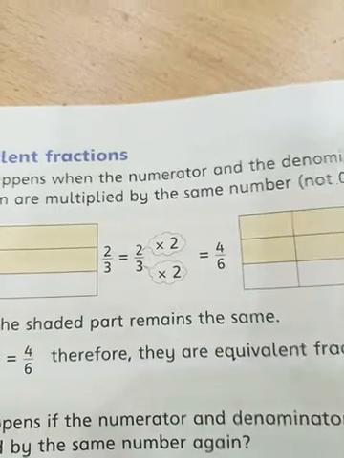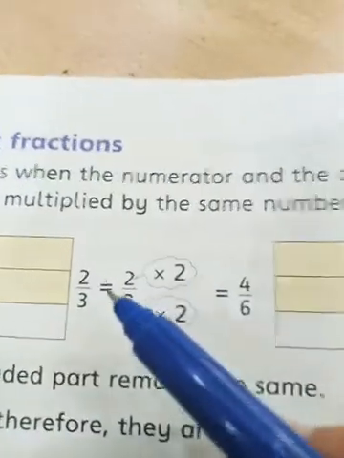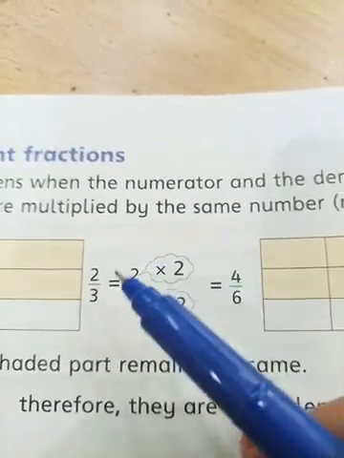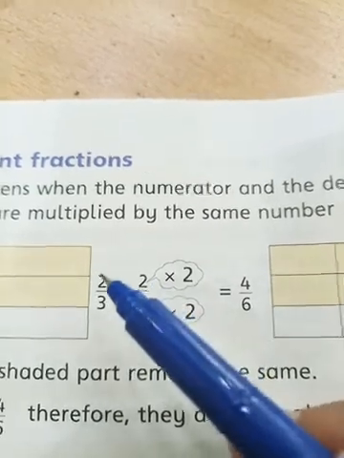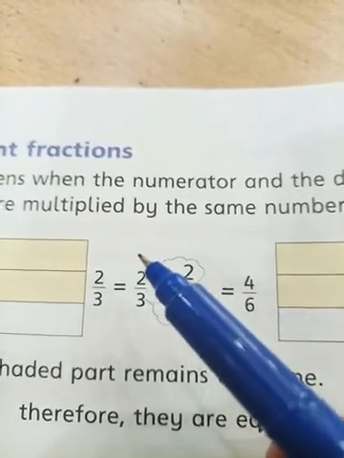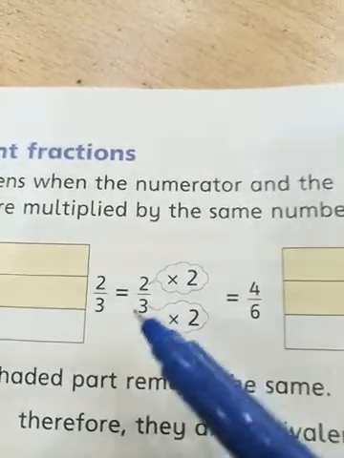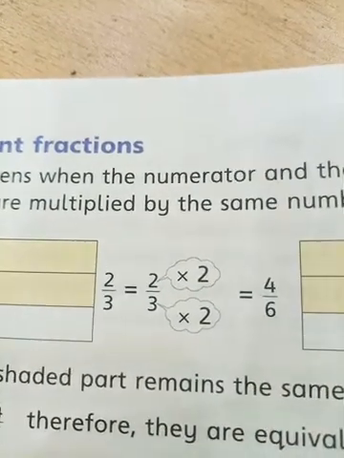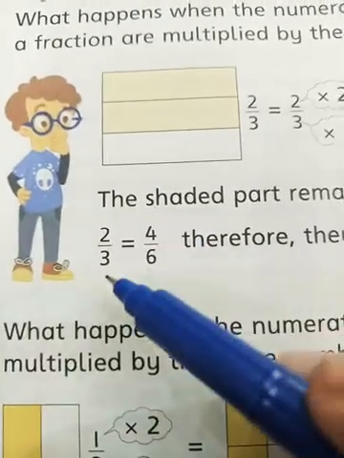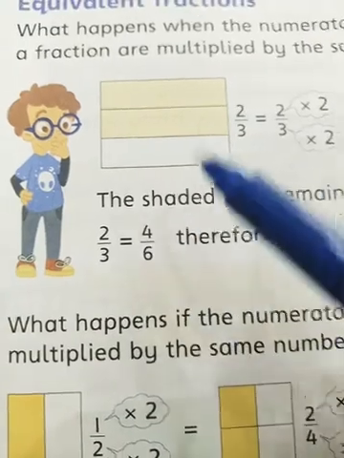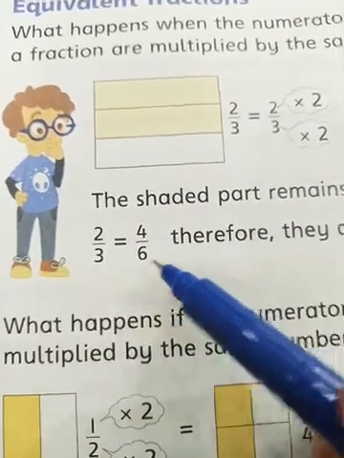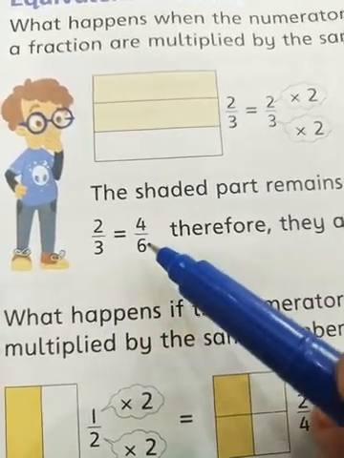So dear students, such types of fractions are called equivalent fractions. Okay, not equal, these are equivalent. 2 by 3 is equivalent to 4 by 6. So students, 2 by 3 is equal to 4 by 6. Look at this, both of them are named as equivalent fractions.